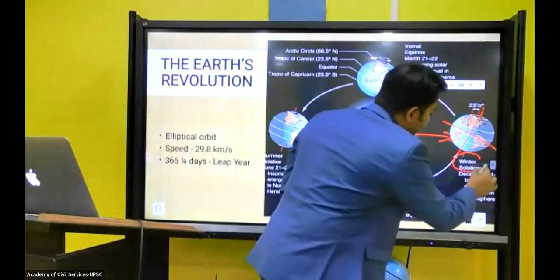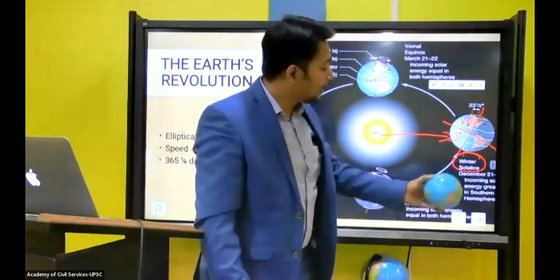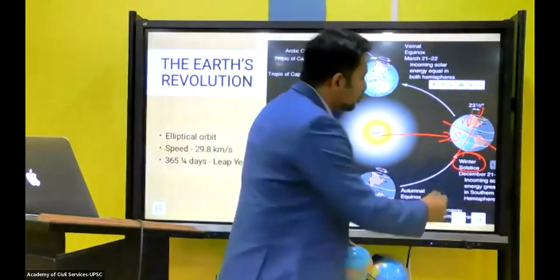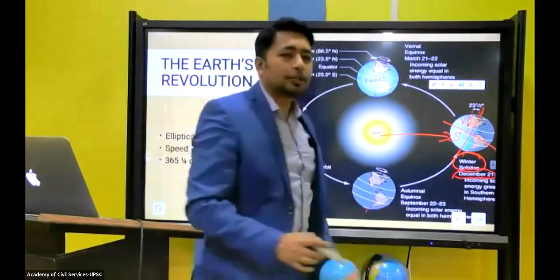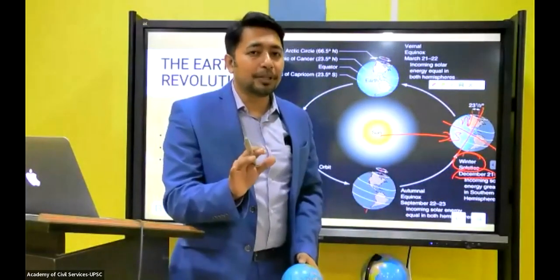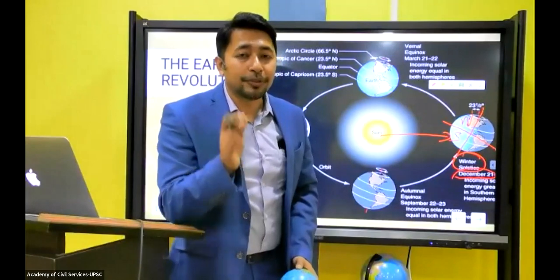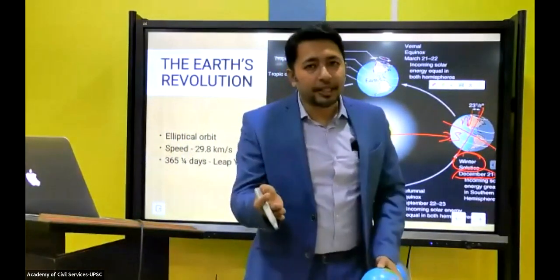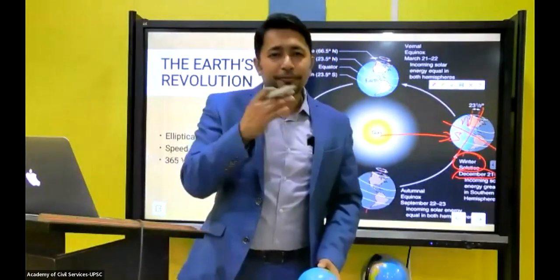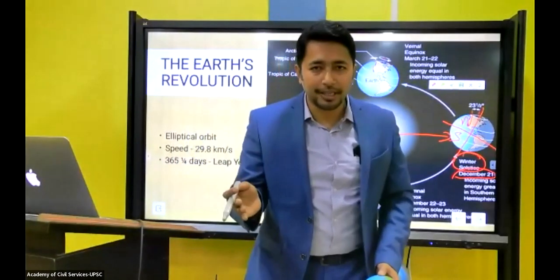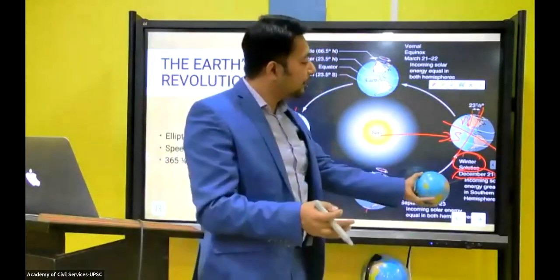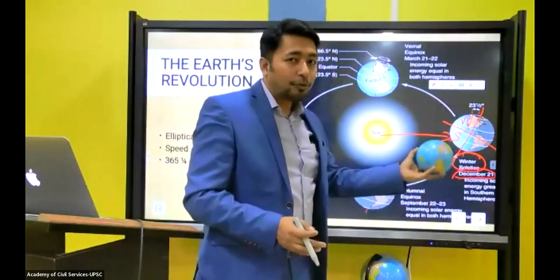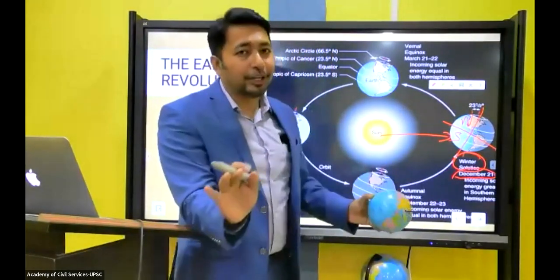This we call winter solstice. And the time period will be December 21 to December 23. So that time period, the second half of the month of December, first half will be from 1st to 15th and the second half will be from 15 to 30 or 31st, right? So here we have winter solstice where the northern hemisphere will have winter season.